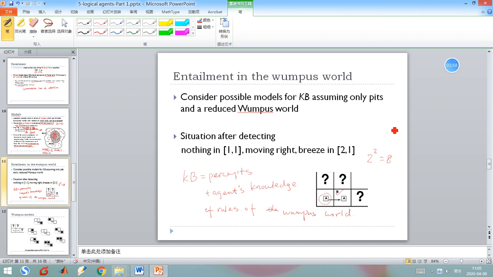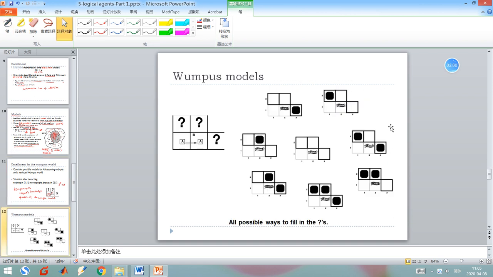As shown in this slide, these are all possible ways to fill the question marks in this left subfigure.